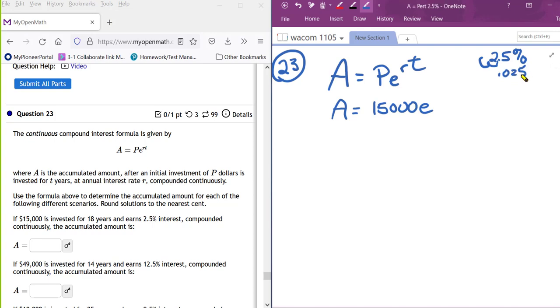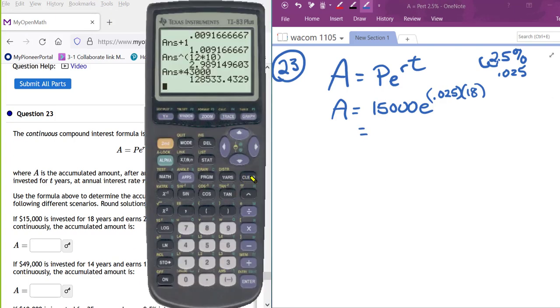Right? It has to multiply by T. So 0.025, and I'll just use parentheses around it, times 18. So it's a matter of entering it in your calculator. So we'll first put the e, second, get our e on there.